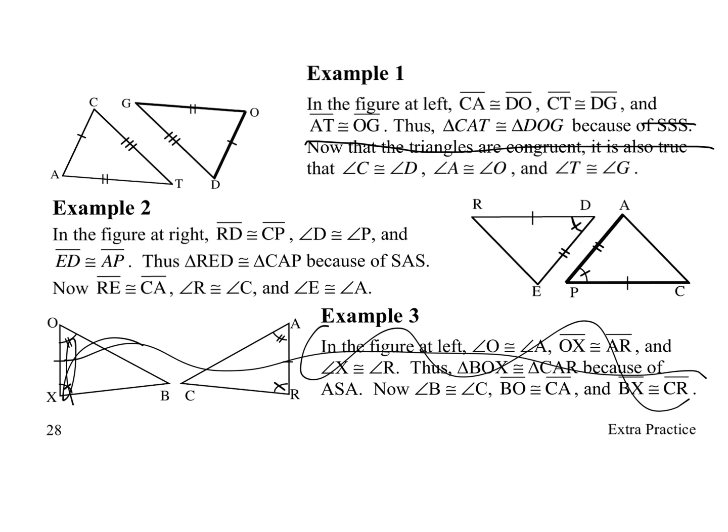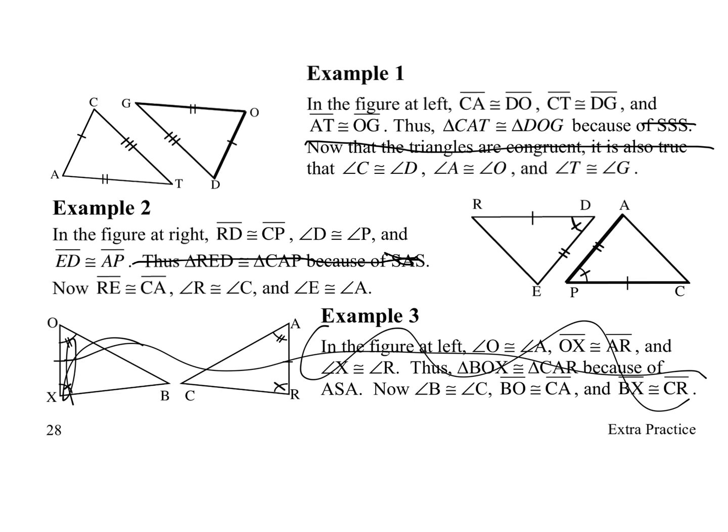We also know that side ED is congruent to side AP because of the tick marks. And we're not going to worry about that. We know that these triangles are congruent because at least two sides are congruent.